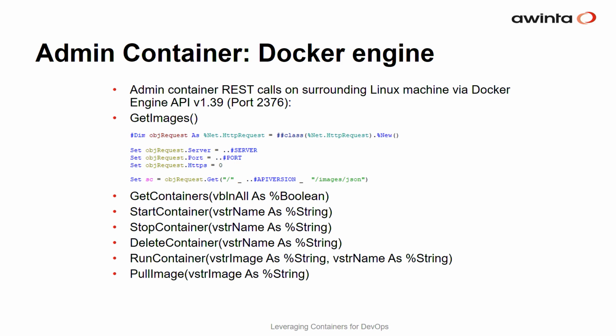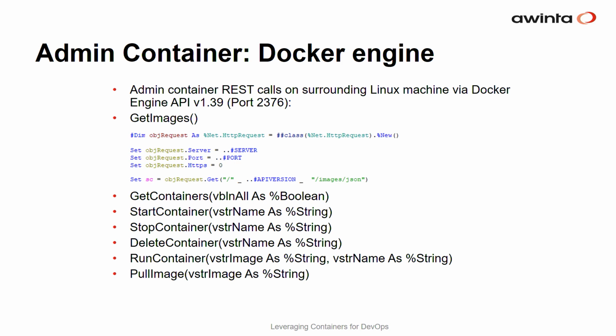If we want to start a container, we want to change something on the Linux machine, so this is not a GET call, but a POST call. Similarly, if we want to stop a container. We can delete a container. This is a DELETE request. And we can even run a container by specifying the image from which we want to run the container and the name of the container we want to have.